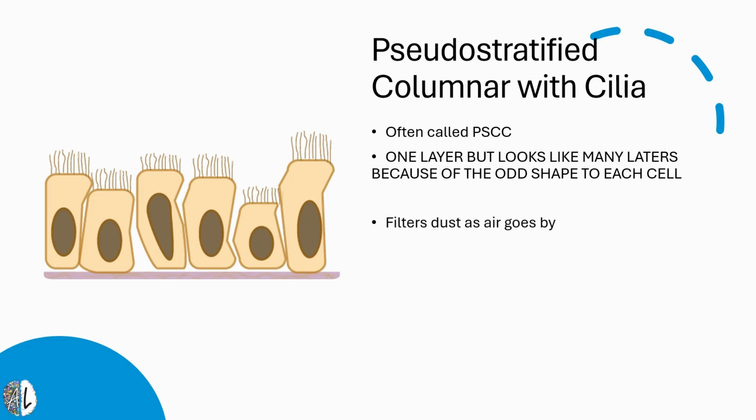Those cilia help to filter out dust, right, as air goes by them. And so we find these primarily in the lungs, in the trachea, and parts of the respiratory system. Oftentimes we refer to this in a shortened version or an abbreviation we call PSCC for pseudostratified columnar with cilia. So if you see PSCC, that is what we're referring to.